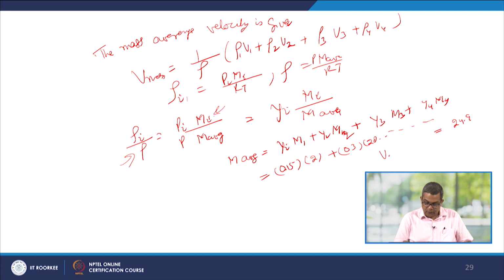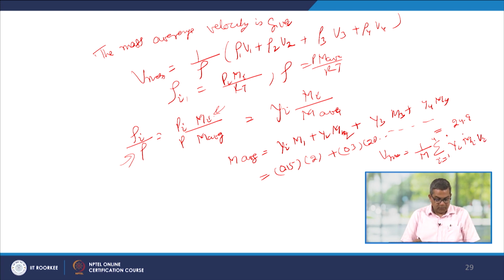So if we calculate V mass average, that is 1 over M average, summation of i equals 1 to n, here n equal to 4, of yi Mi Vi.